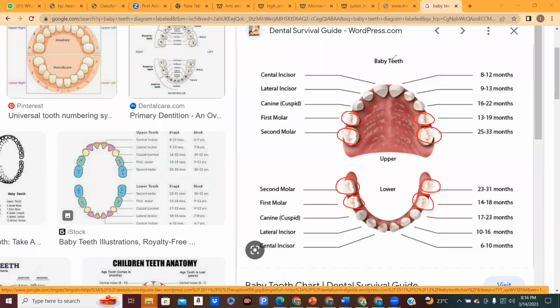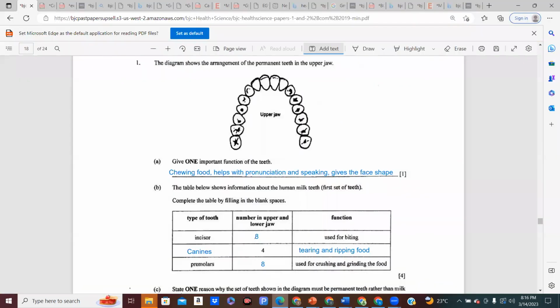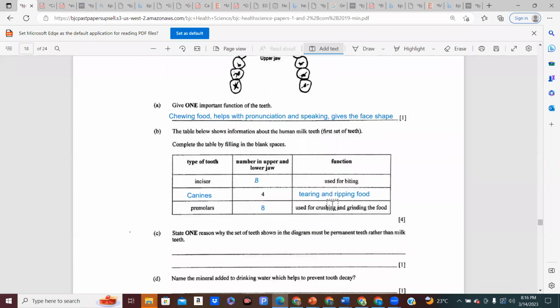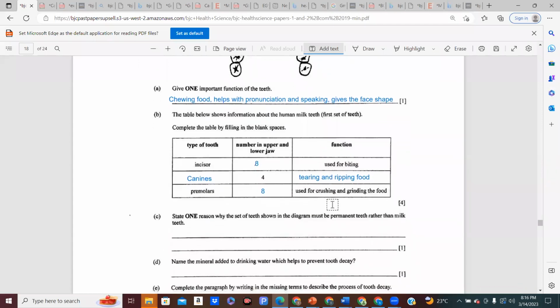So in total, the number of premolars as a baby, in the milk teeth, is going to be 8. So let's go back. The correct answer is 8, and it's used for crushing and grinding the food. Okay.